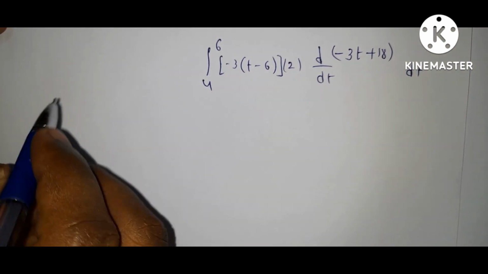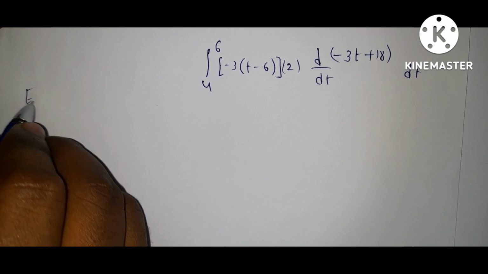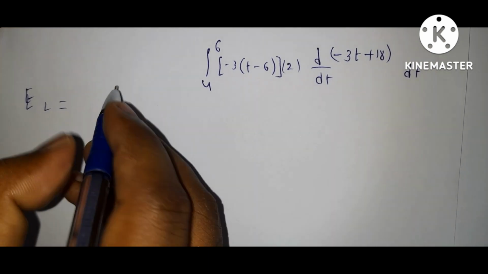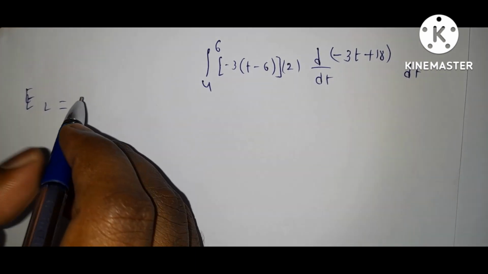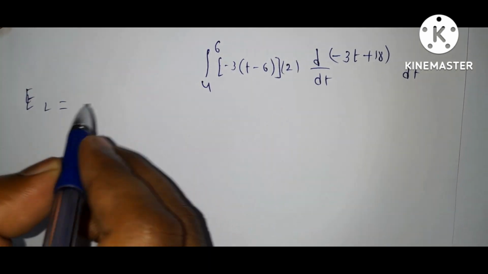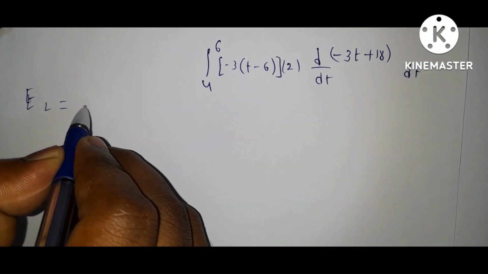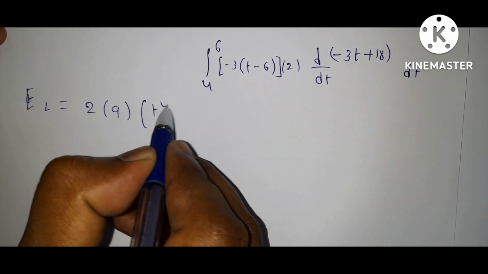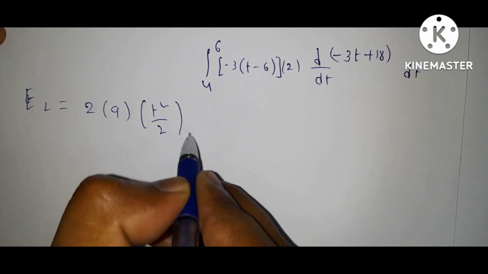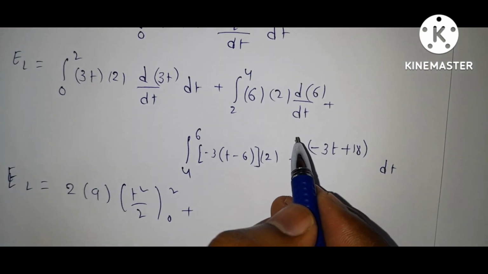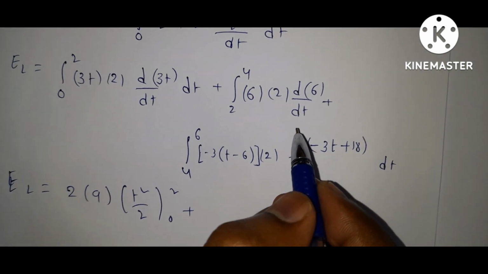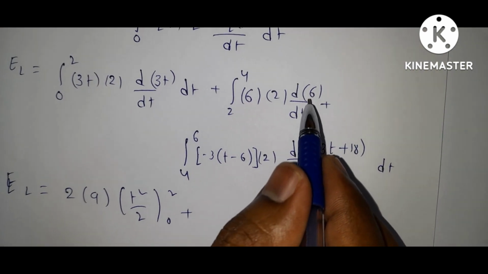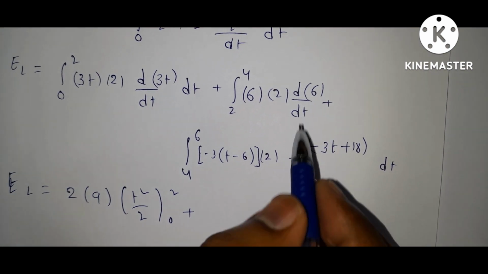Okay, if you solve this, the energy stored in the inductor is equal to, finally, 2 into 9 into t square by 2, from 0 to 2. The middle term becomes 0 because the derivative of a constant is 0.